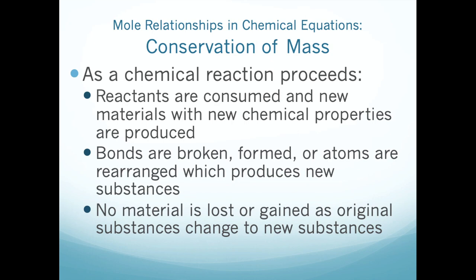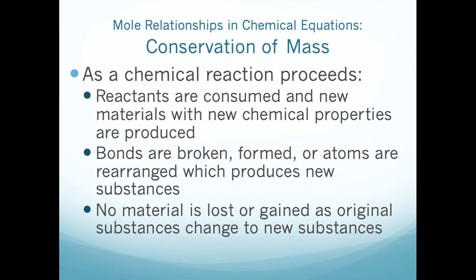Stoichiometry is how we keep track of amounts of chemicals in the course of a chemical reaction. In order to understand this, though, we first need to begin with the concept of the law of conservation of mass. What this means is that when a chemical reaction occurs, we don't create or destroy matter.